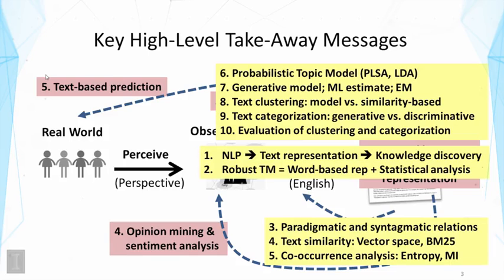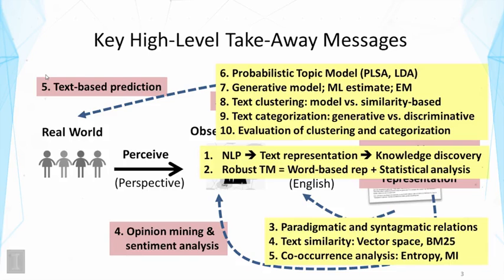In text clustering, we talked about how we can solve the problem by using a slightly different mixture model than the probabilistic topic model. And we then also briefly reviewed some similarity-based approaches to text clustering. In categorization, we also talked about two kinds of approaches.